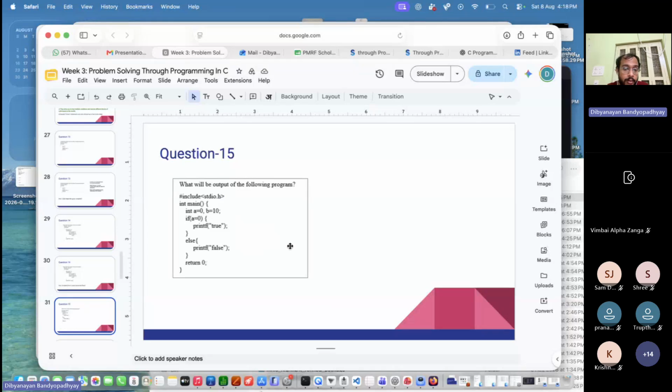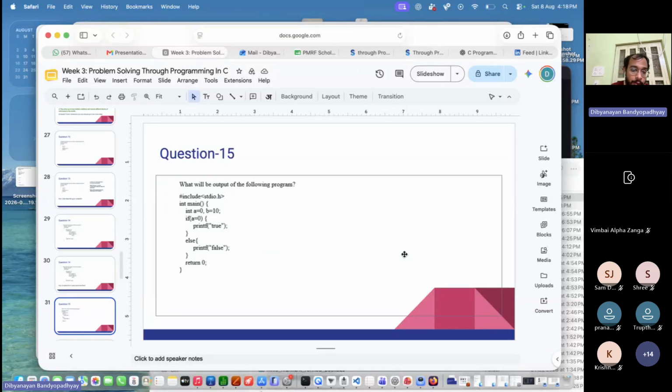And this is the next question. I think it is again very simple. Based on the previous things, you'll be able to answer it, I think.